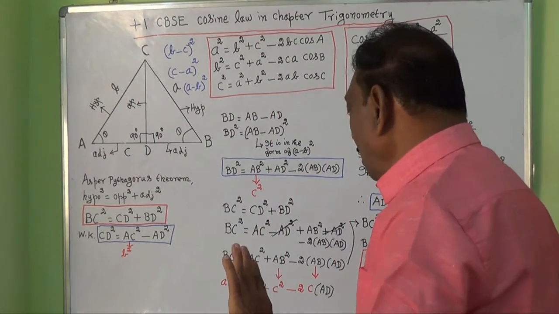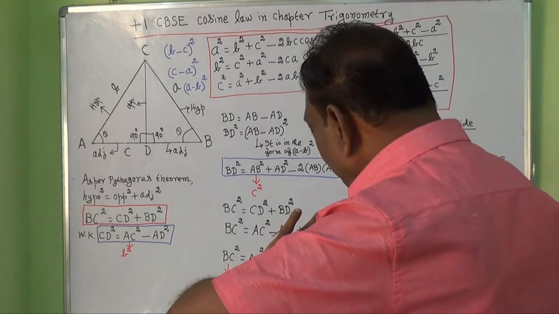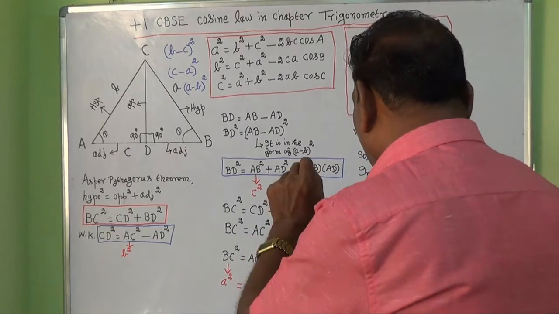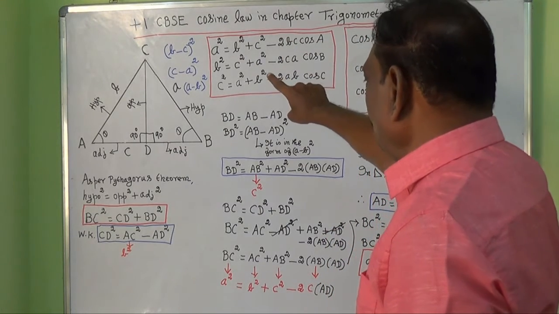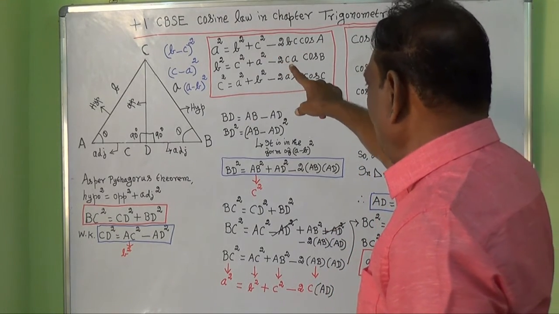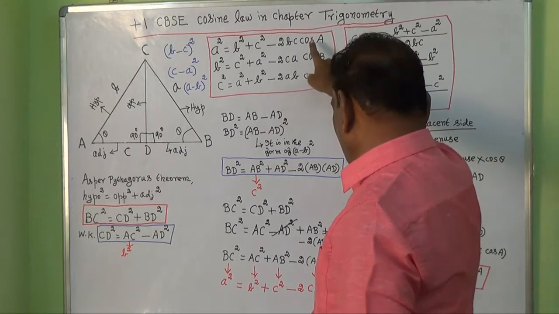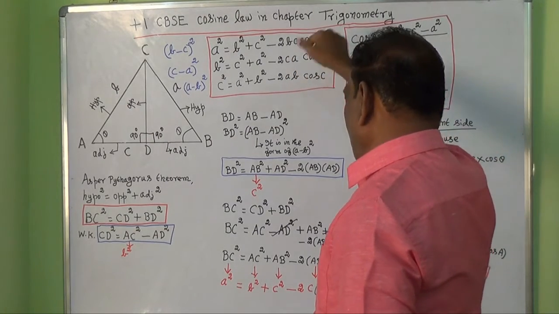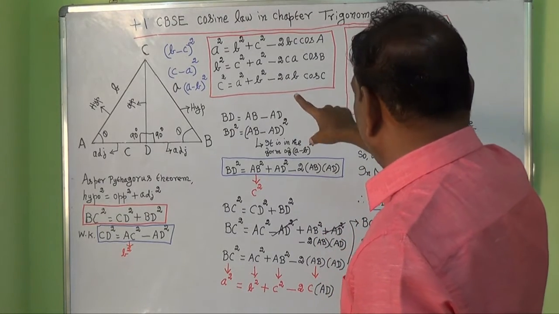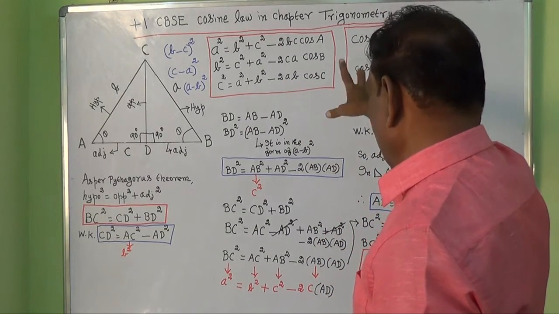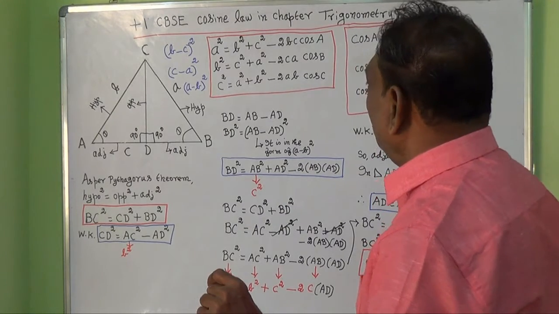Now we have got all the required data except AD. What is the formula? A square equal to b square plus c square minus 2bc cos A. We have got a square equal to b square plus c square minus 2c. So we need b cos theta.